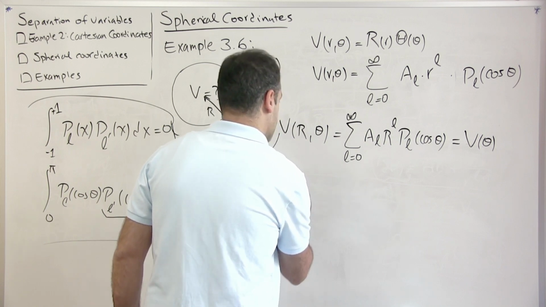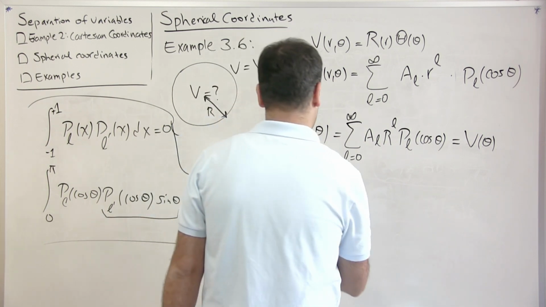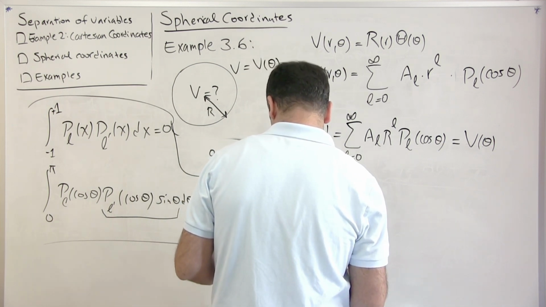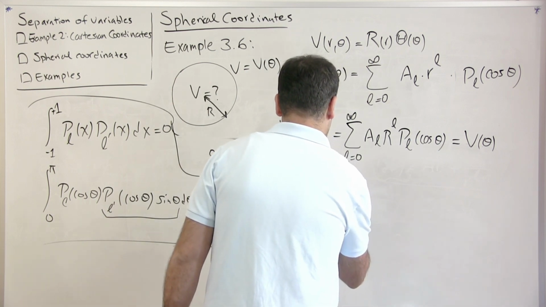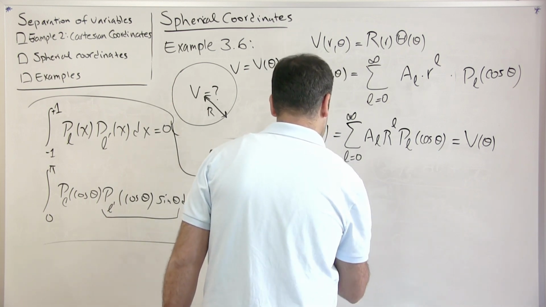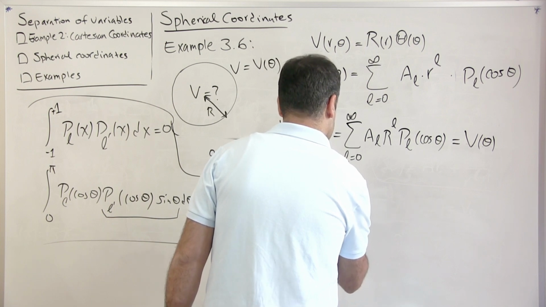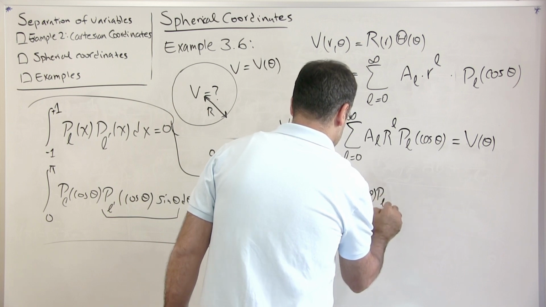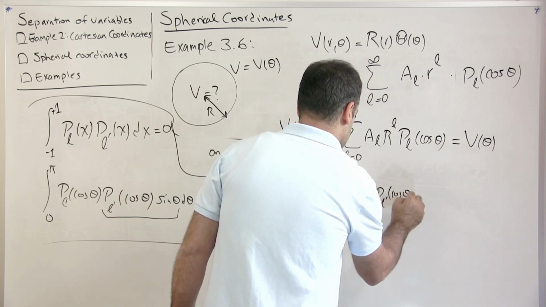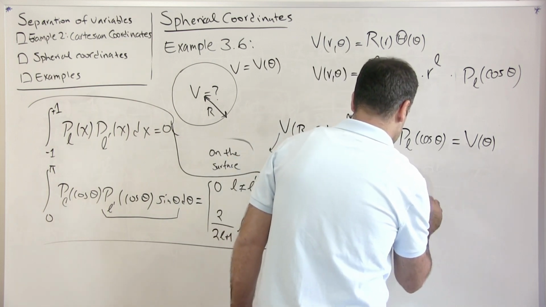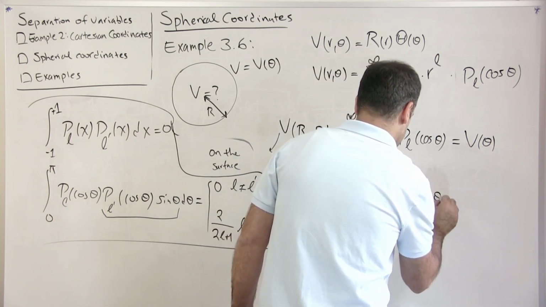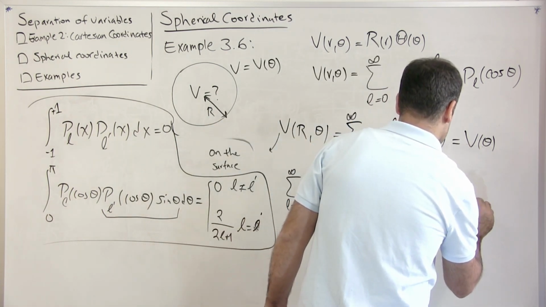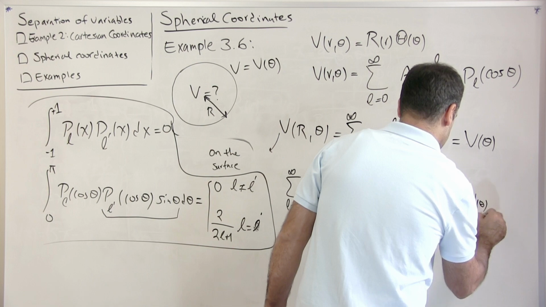Sigma L equals 1 to infinity A_L R^L times P_L(cos theta) P_L'(cos theta) sine theta d theta, and that is equal to V(theta) times P_L'(cos theta) sine theta d theta.